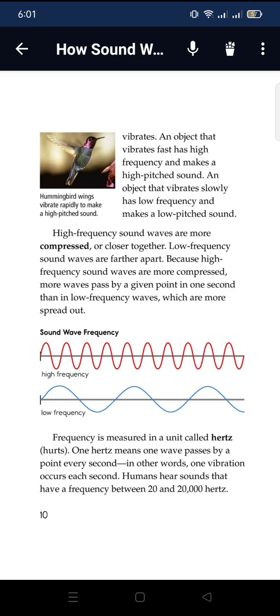Frequency is measured in a unit called hertz. 1 hertz means 1 wave passes by a point every second. In other words, 1 vibration occurs in 1 second. Humans hear sounds at a frequency between 20 and 20,000 Hz.